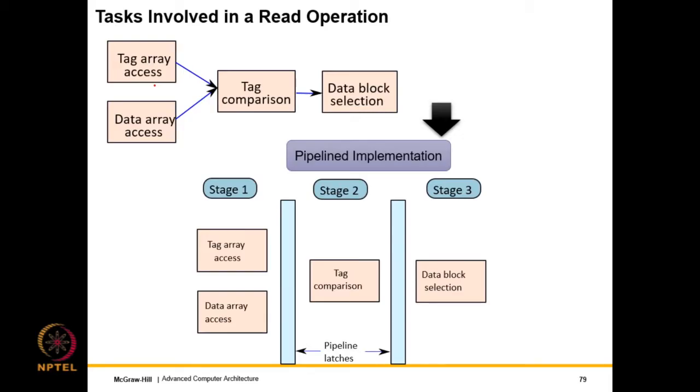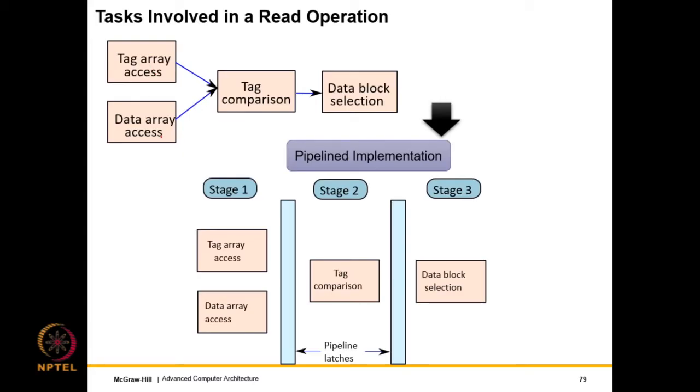We have already discussed this, and this was a very beneficial design choice. The reason being that, of course, we do waste a little bit of power, but at least we get the k data blocks in a k-way set associative cache in the same cycle. And once we know which tag matches, we can then choose the appropriate data block.